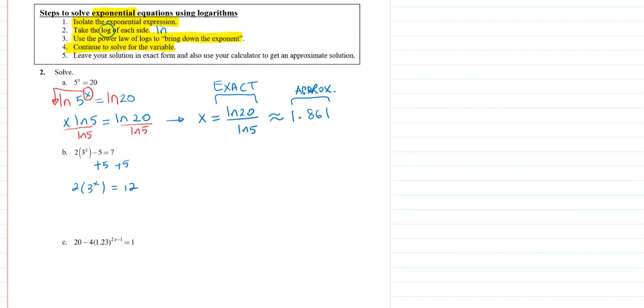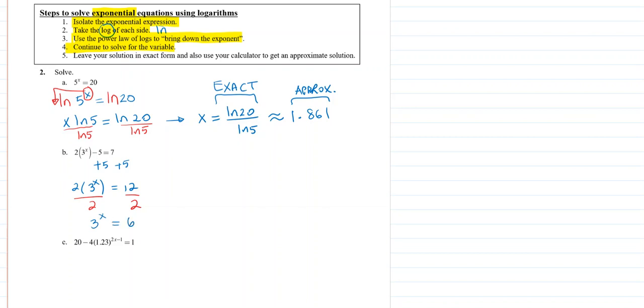And now again, I want to isolate that thing. So how do I get that stuff by itself? I'll divide both sides by 2. And that gives me, let's remember what was in here. Whoops. Erase the whole thing. It was a 3 to the x. When you divide both sides by 2, you get 3 to the x equals 6.